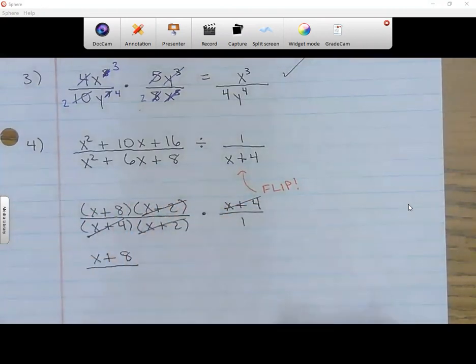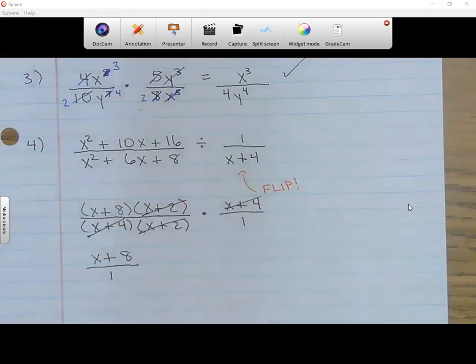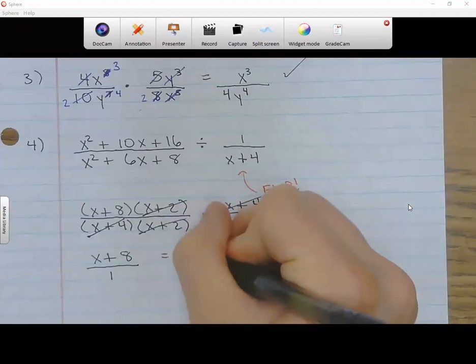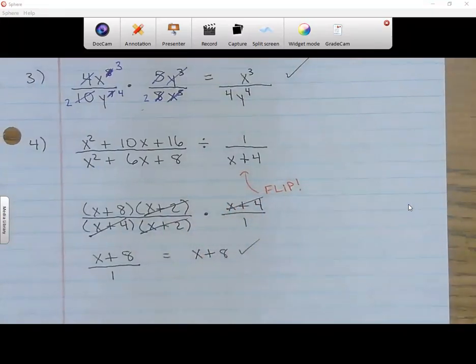And on the bottom, we have a 1. So if we're dividing that by 1, really that doesn't change anything, right? So I could write out my answer as just x plus 8. And I'm done. And we can only do that when we're dividing by 1, right? So that's number 4.